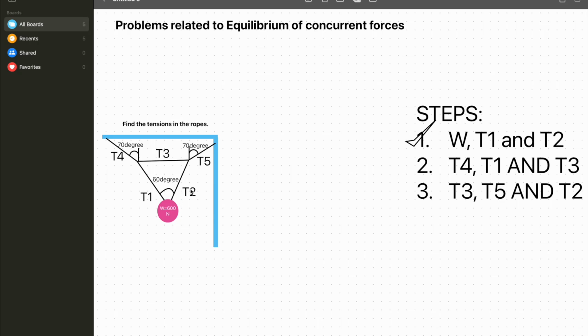There are tension forces against that weight, and there are more tension forces following the pattern. This is the figure, and the question asked us to find the tensions in the ropes.